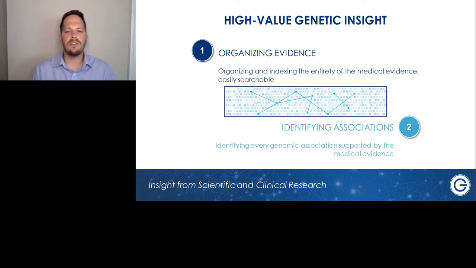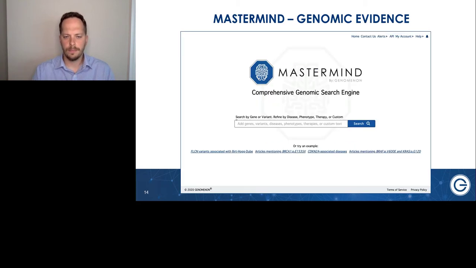So having the benefit of this comprehensive view and comprehensive indexing of all of that empirical evidence allows us to see things that are otherwise opaque in other platforms or in other users' hands.